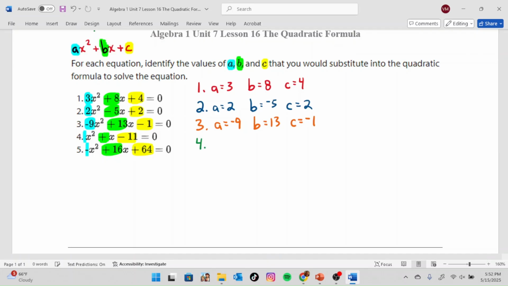For number 4, we would say that A equals 1, because if you don't see a number in front of the variable, it is understood to be 1. We would say that B also equals 1, because again, if you don't see a number in front of the variable, it is understood to be 1. And we would say that C equals negative 11.